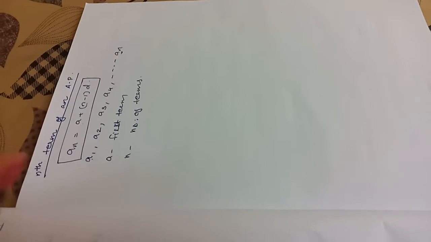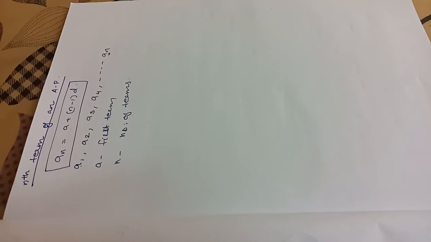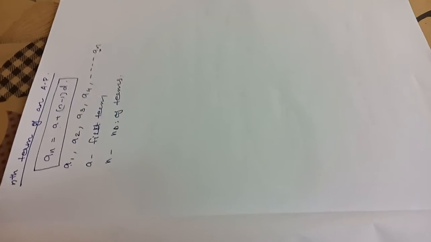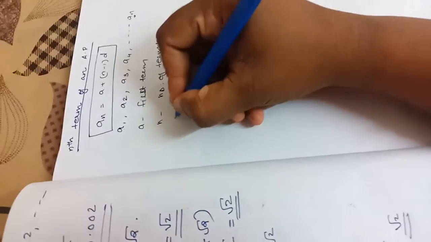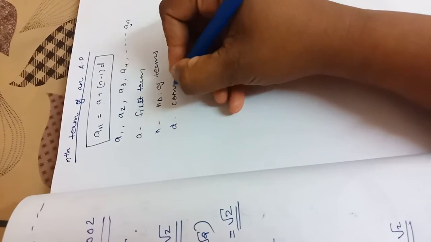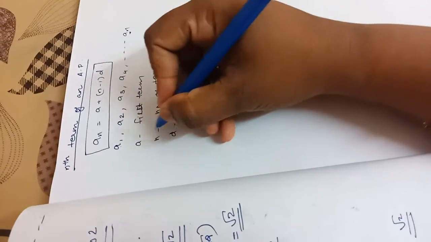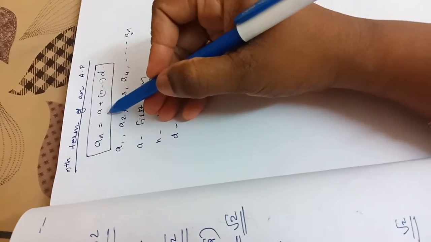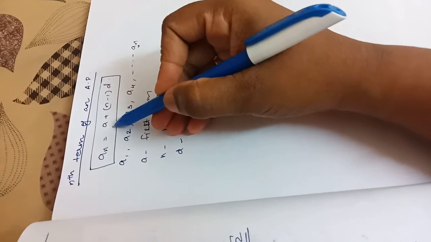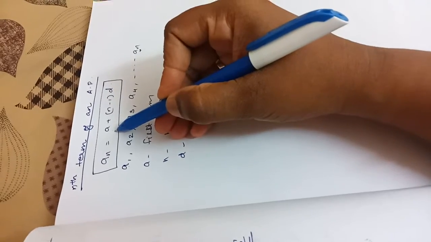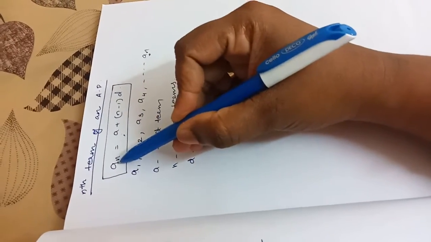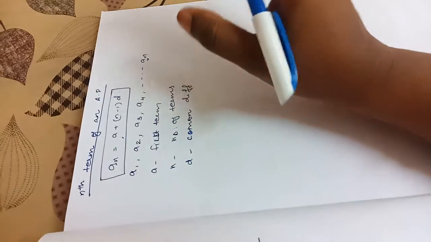If there are 100 numbers in an AP, then n is equal to 100. That is the meaning. And d, you know what d is? d is the common difference. So by using all these three terms, if we apply An is equal to a plus (n minus 1) into d, we will get An. An means the last term of an AP.